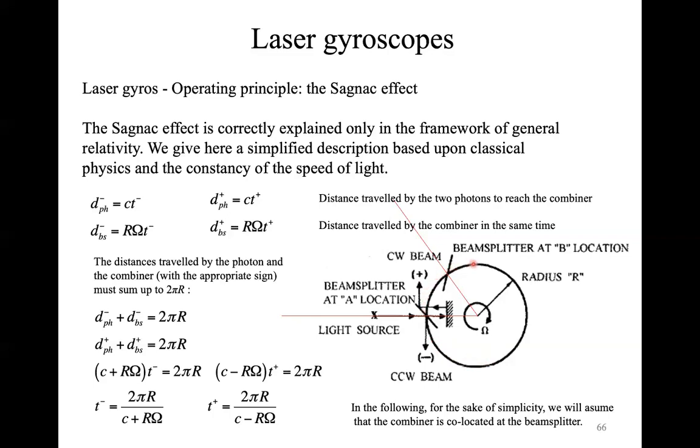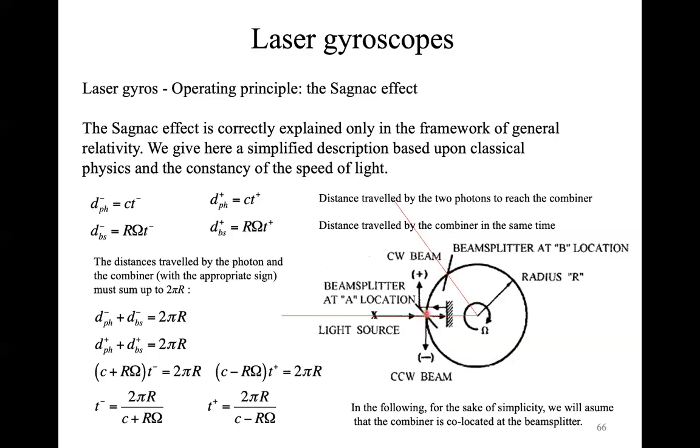moving clockwise. If you have that everything is still, so that this mirror, this beam splitter, is still, and we assume, for example, that the detector is here as well. So basically here, not only do you have this beam splitter, but you have your light detector.